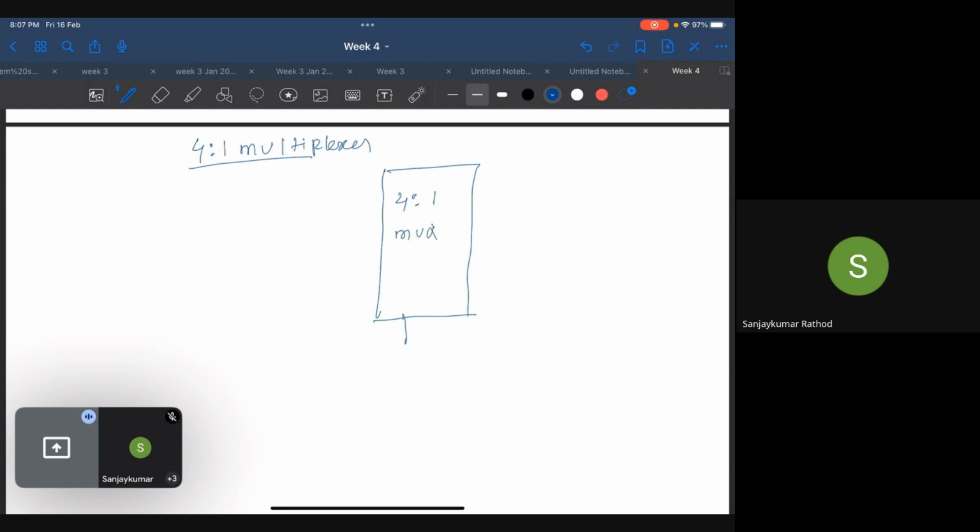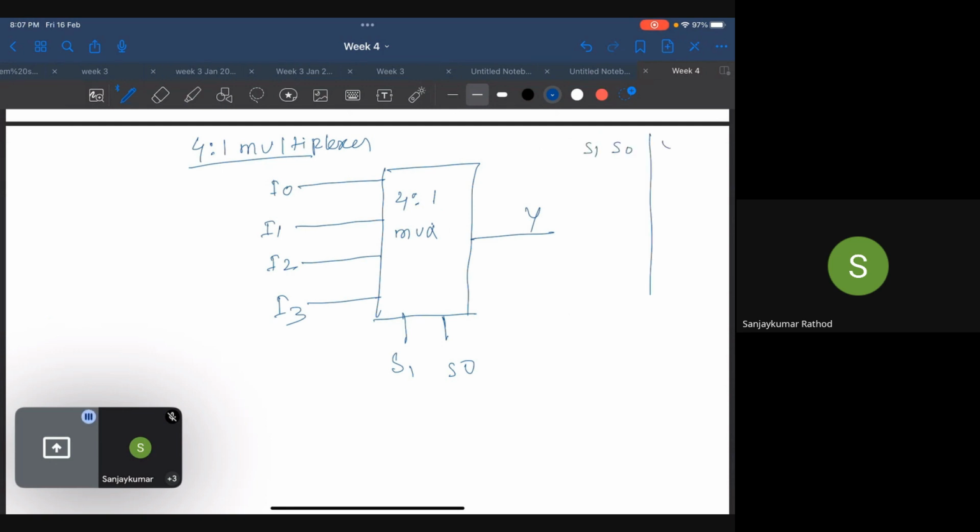There will be two select lines S1 and S0, four inputs I0, I1, I2, and I3, and there will be one output Y.